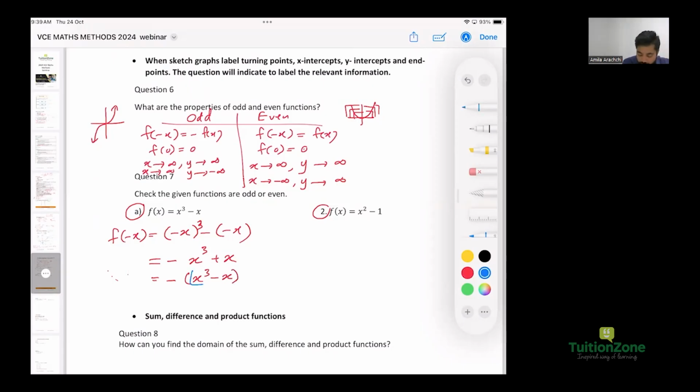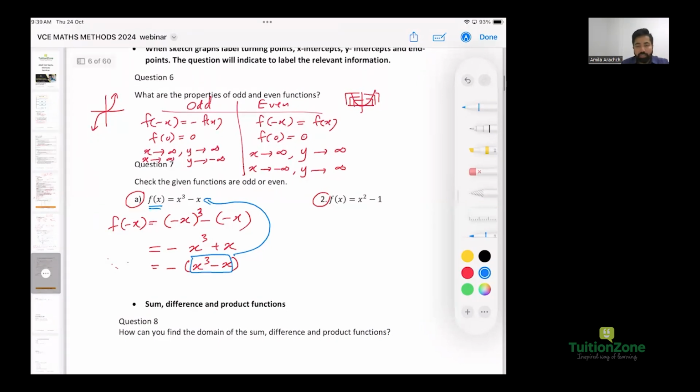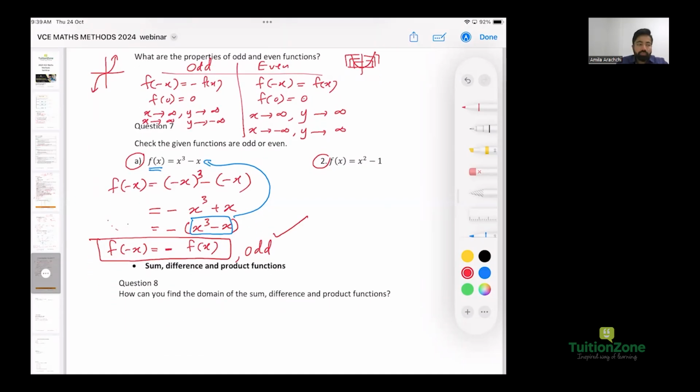We know what this one is. Same as what you're given, f of x. So you can replace that whole lot with f of x. My next step is the negative at the front, and this becomes f of x. See what happened? We subbed in f of negative x, and my answer becomes negative f of x. So which is it, even or odd? It's an odd function. So that's a method of approaching it.